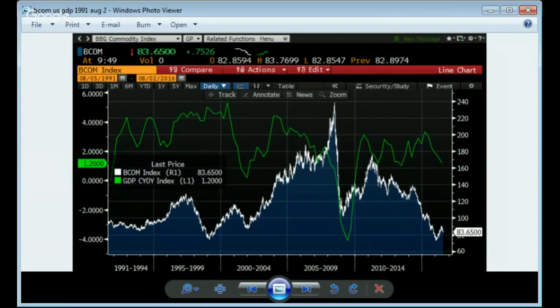So we can clearly, let's just concentrate on the white line here, which is the Bloomberg Commodities Index. And let's discount this period right here. Because right here, we're talking about speculative excess in all the markets. We're going to ignore that simply because we're not there anymore.